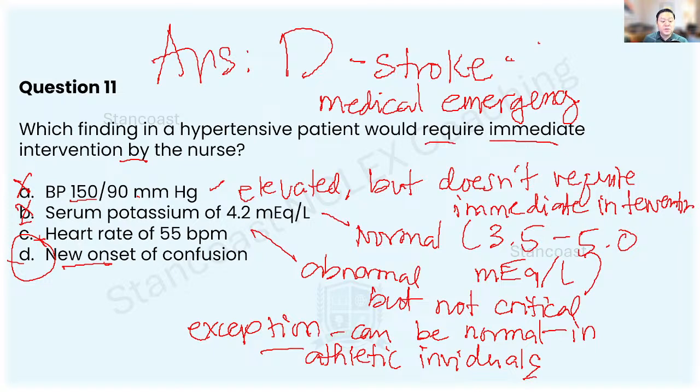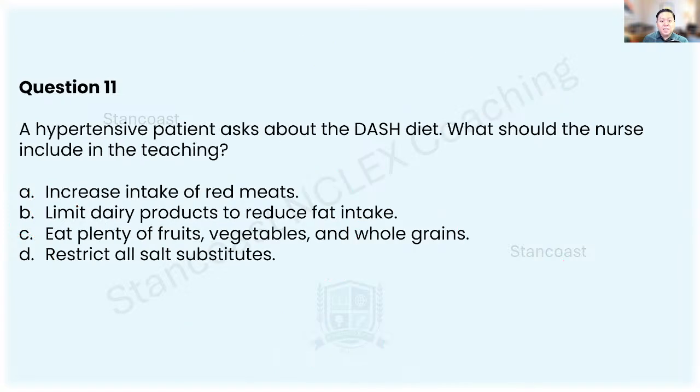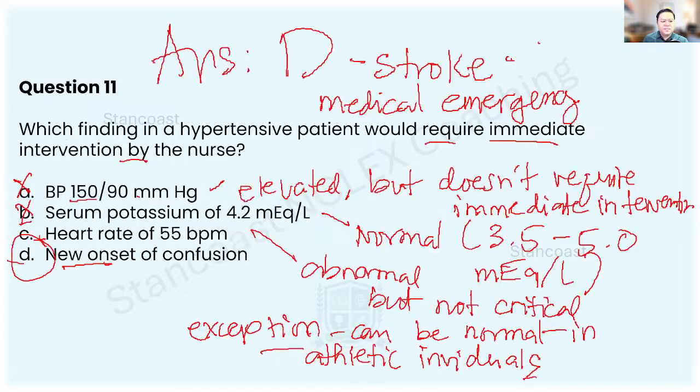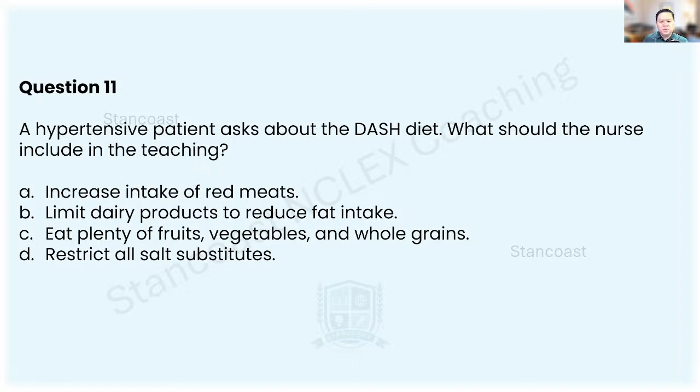Let's move on to question number 12. Oh, number 11, is it? Oh, so this is supposed to be 12 then. I did the wrong numbering. So page 553. That's supposed to be 12. Let me just fix the number here. It's 12.